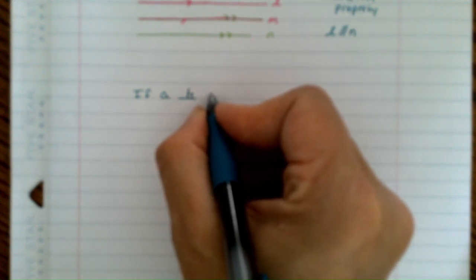Let's think about if line A is perpendicular to line C, and these are supposed to be cursive. Ooh, hey, focus.